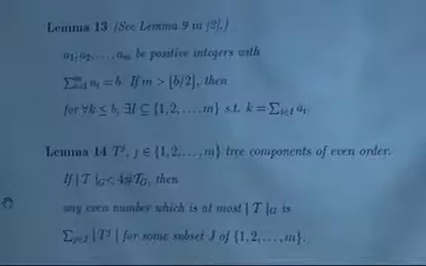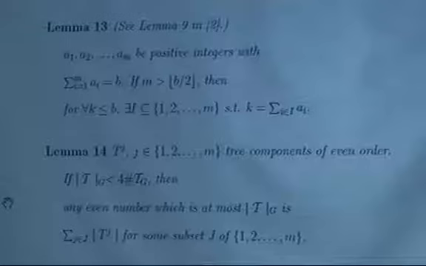And I used that Pigeonhole theorem in the next form. So if the summation of orders of tree components is less than 4 times the number of tree components, then any even number, which is at most the summation, is a partial sum of those orders of tree components.